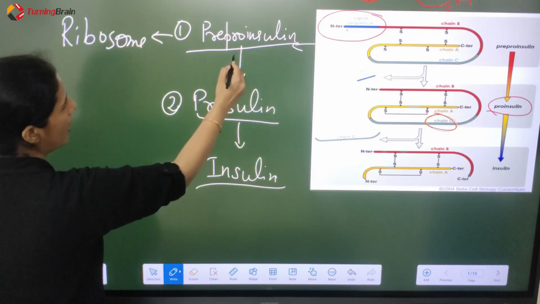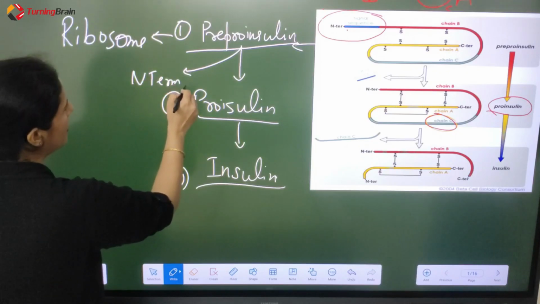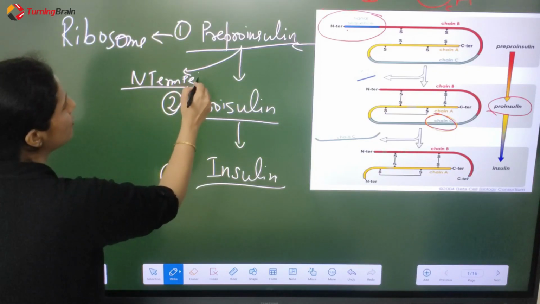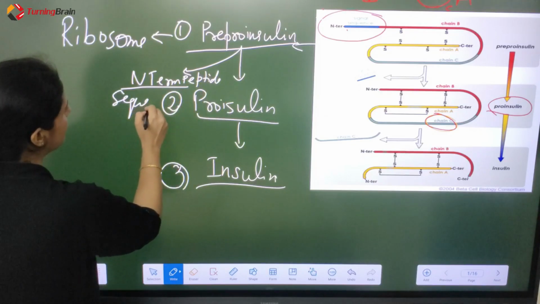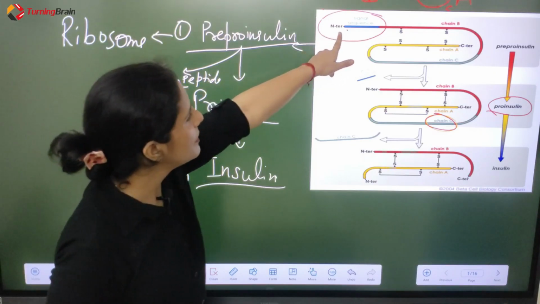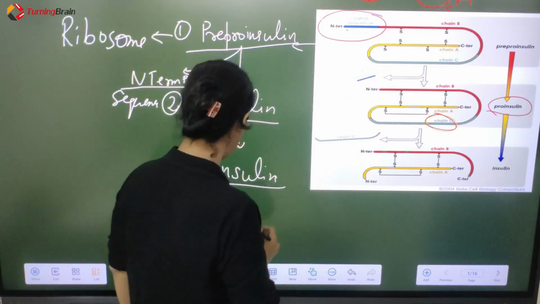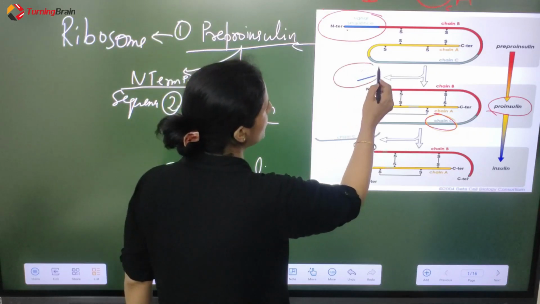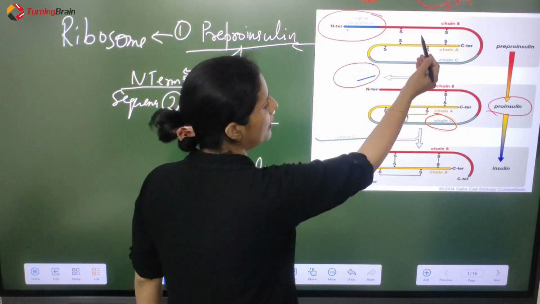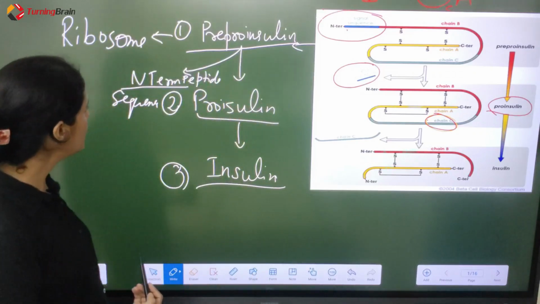Then the N-terminal peptide sequence is removed. See here, it is showing that the N-terminal signal sequence is removed from this molecule, and another molecule is made which is known as proinsulin.